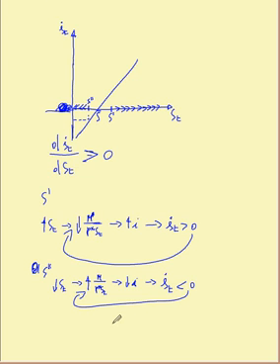This is the economic intuition that we can use to understand why this model, the monetary approach to the exchange rate, is dynamically unstable, globally unstable.